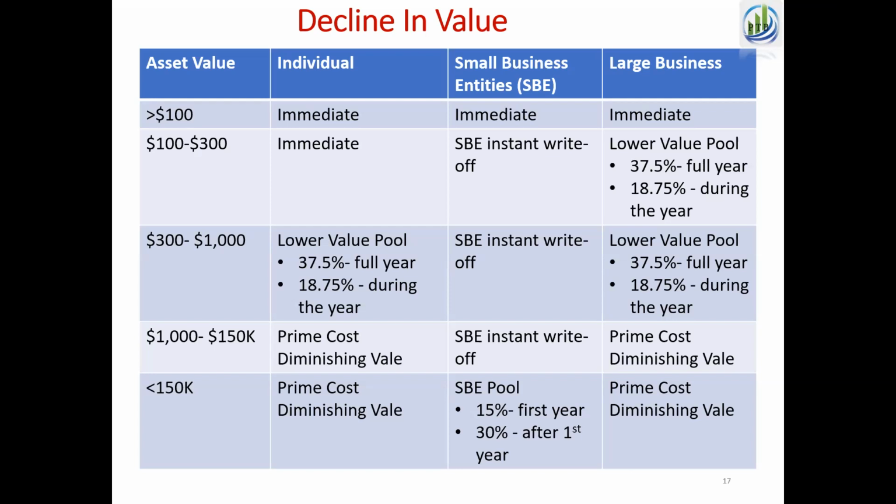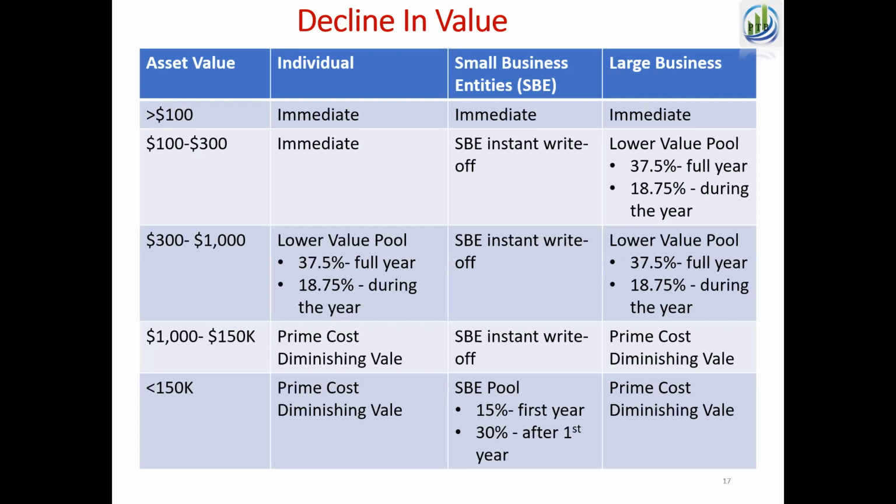If the value is 1,000 to 150K, individuals can only go with the prime cost or diminishing value, and small businesses should go with the instant write-off. It means small businesses up to 150,000 deduct immediately. The large businesses have prime cost or diminishing value method.